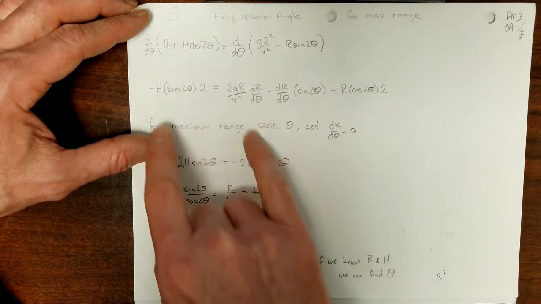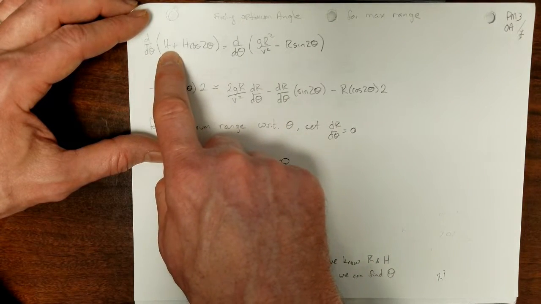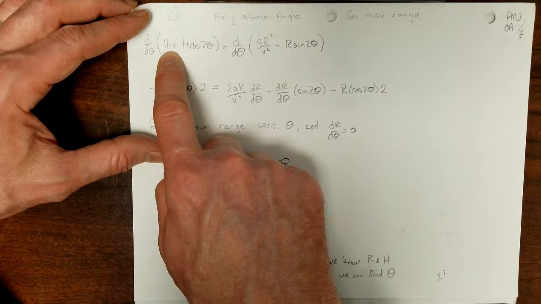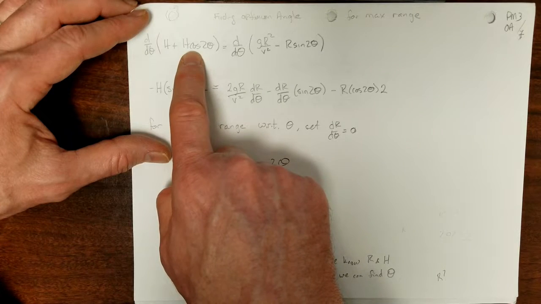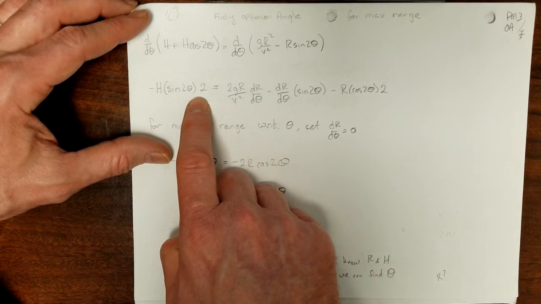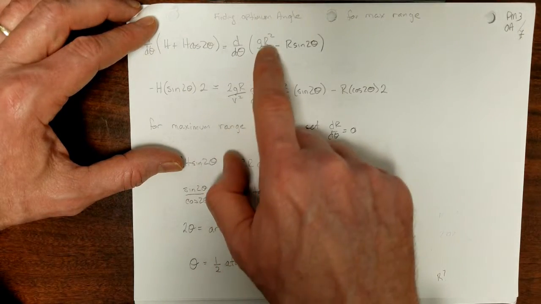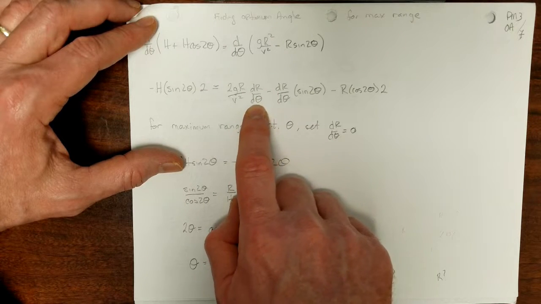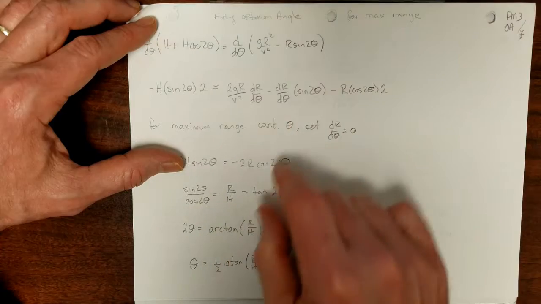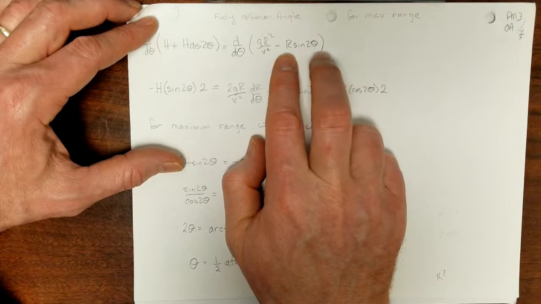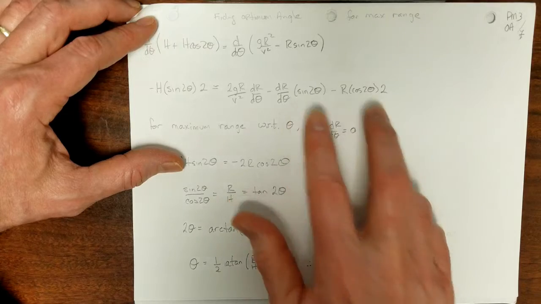So d/d theta, well, that's just a constant with respect to theta, and so that drops out, and the derivative of this with respect to theta ends up being this. R is a variable, so that's why we end up with this dr d theta. And over here we end up with a dr d theta, actually two terms, because r and theta are both variables.